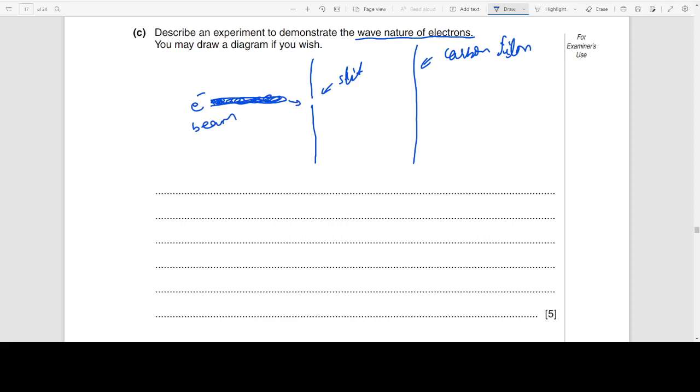and this carbon needs to have a screen which is fluorescent so that we can see the tracks of the electrons. And what else is required?